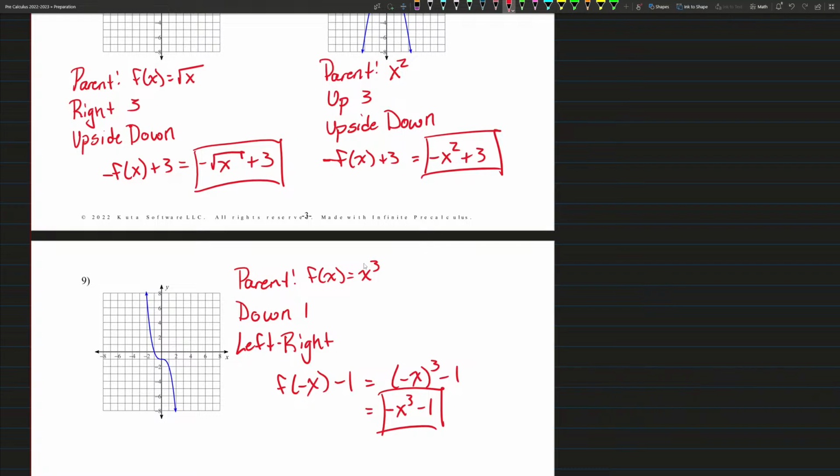I want to pause there after transformations, make sure no one has any questions, and then we'll move on.